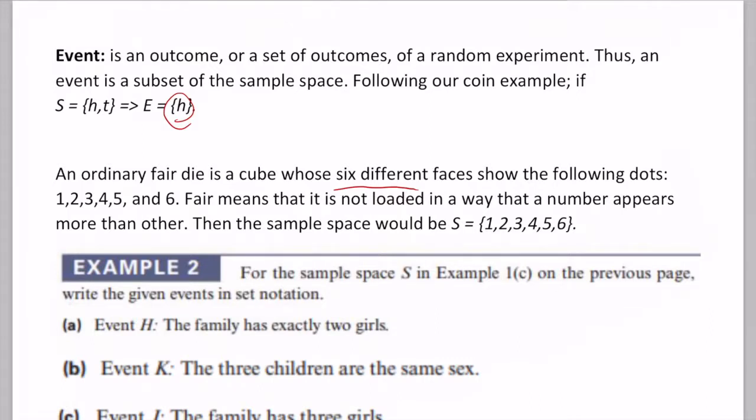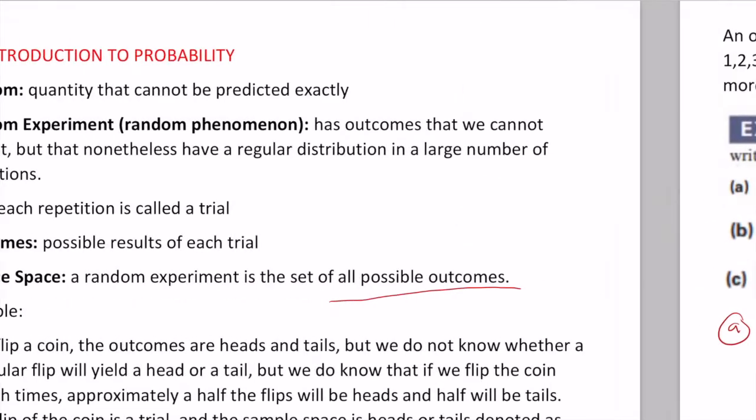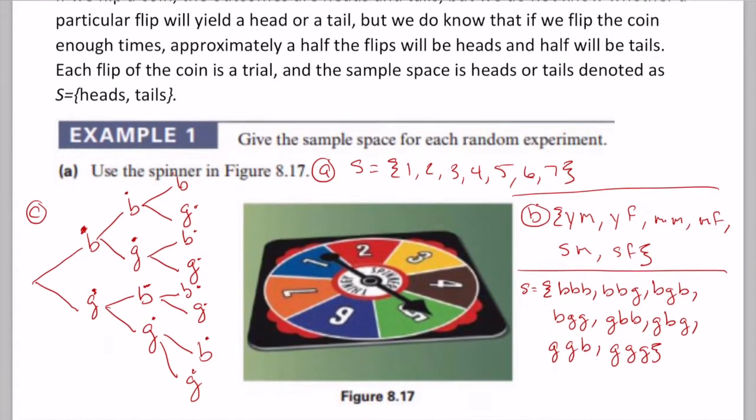For the sample space S in the previous page, write the given events in set notation. So, we're going to be using the girls and boys tree. We have to do the family has exactly two. So let's bring that back so it's better for us.